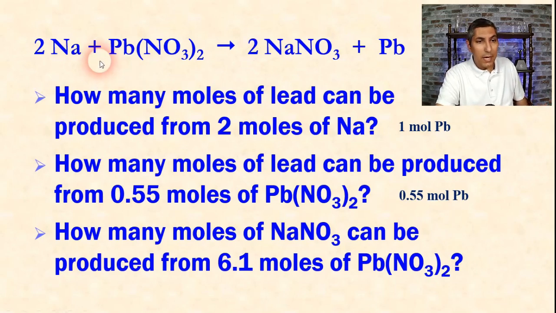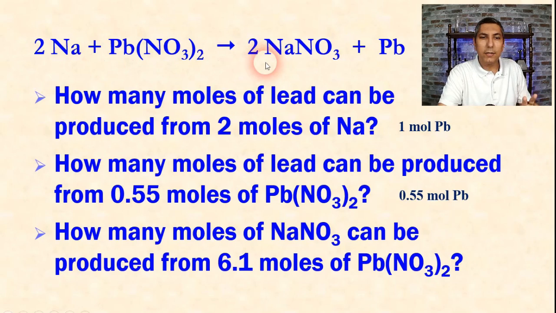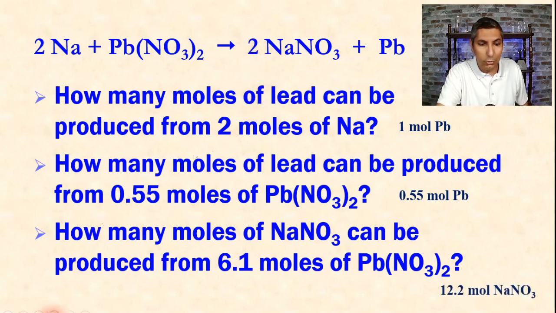So what that means is, however many moles of lead(II) nitrate we have, we need twice as many moles of sodium nitrate. So if we're starting with 6.1 moles of lead nitrate, we just times that number by 2, don't we, to find moles of sodium nitrate. So 6.1 times 2, of course, is just 12.2 moles of sodium nitrate. So this is how we can work with the coefficients of a balanced equation and determine the mole ratio here and get some quantities out of that.